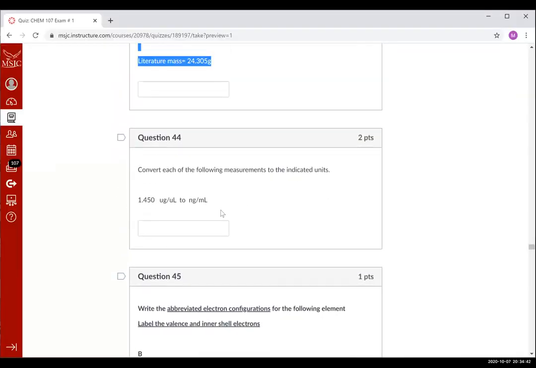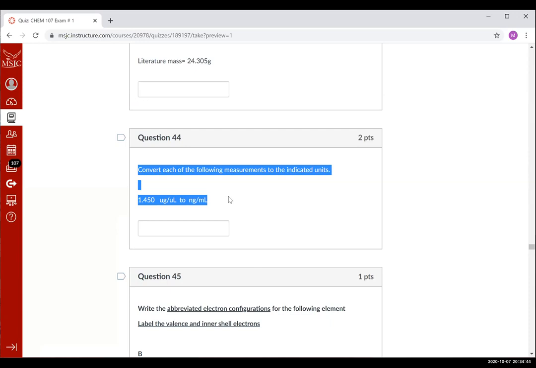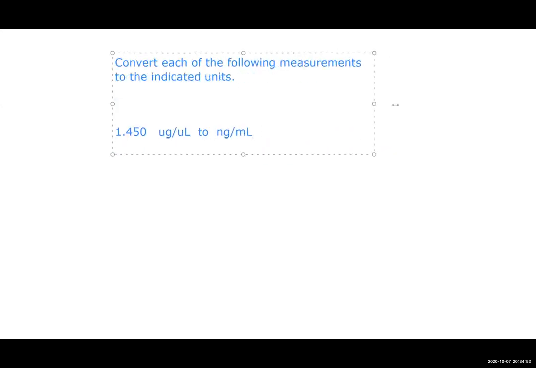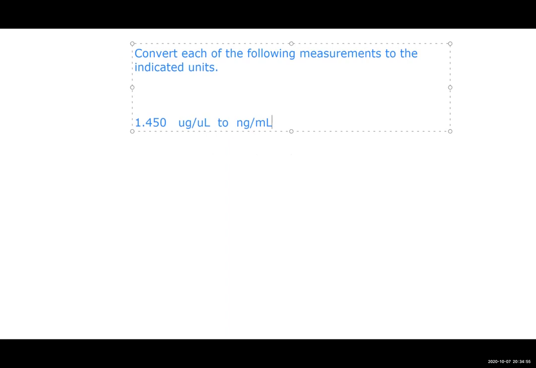And let's look at the next question. In this case, we're asked to perform a unit conversion. So we're asked to convert each of the following to the indicated units. So we're starting off with units of micrograms per microliter.